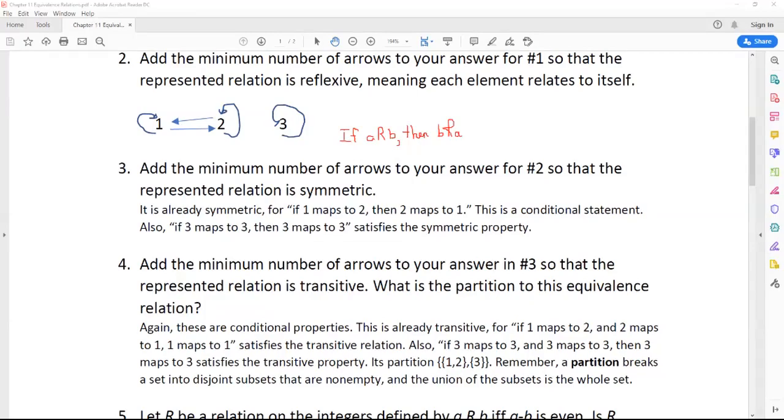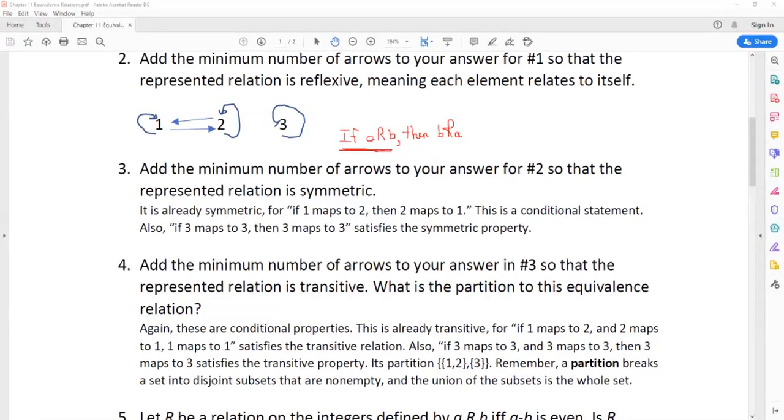If we go back and look at number 2, do we have the initial condition satisfied for any 2 elements? Well, we do, because we know that 1 maps to 2, and then 2 maps to 1.